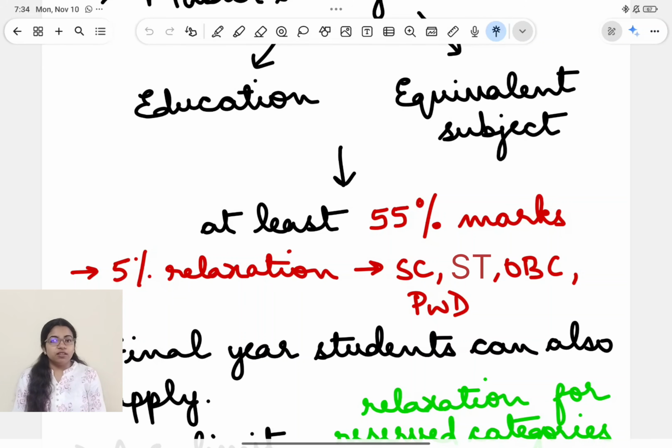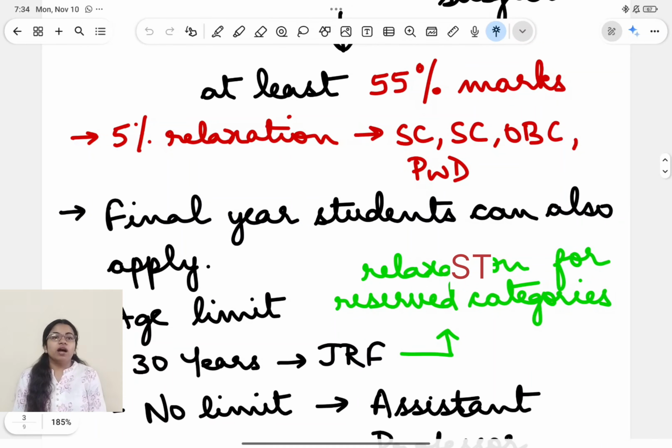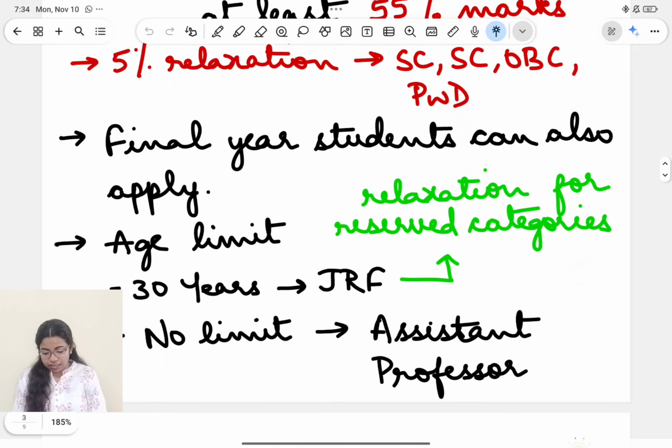If you are in your final year of post-graduation, you can still apply. You are anyways reading the content on a regular basis, so might as well apply. Do not wait until you finish your masters to start applying. For JRF, the age limit is 30 years with relaxation for reserved categories, but there is no age limit for assistant professor.